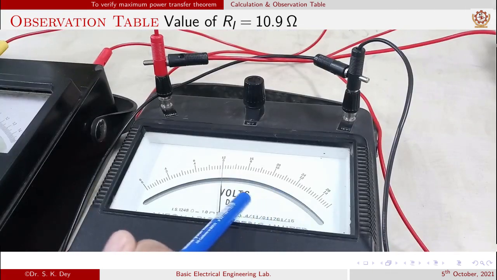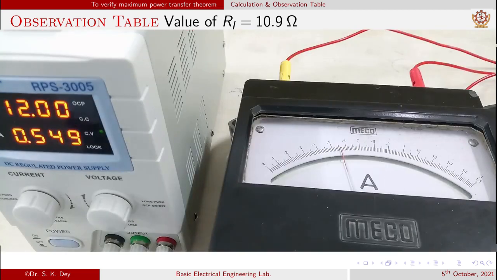And here the voltmeter is showing 6 volt. Here this ammeter is showing 0.54 ampere.